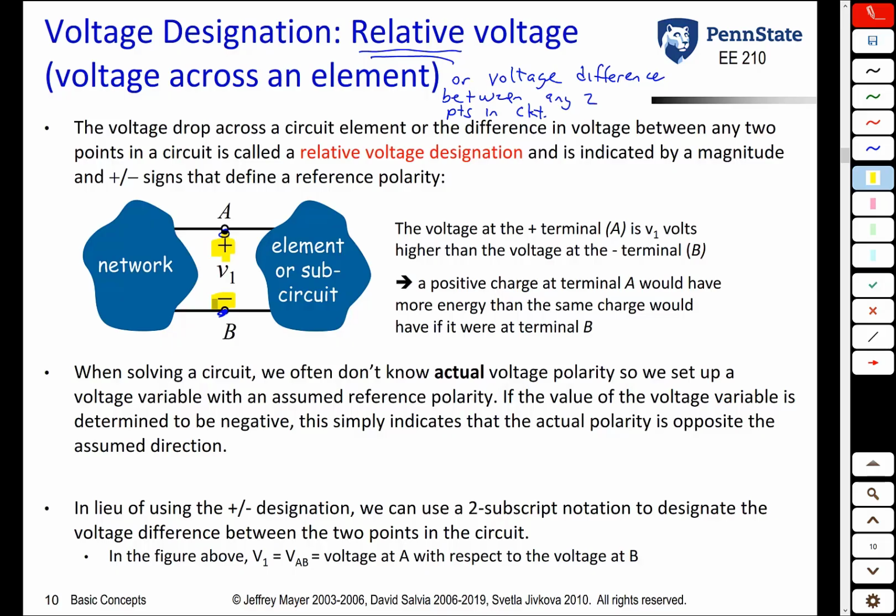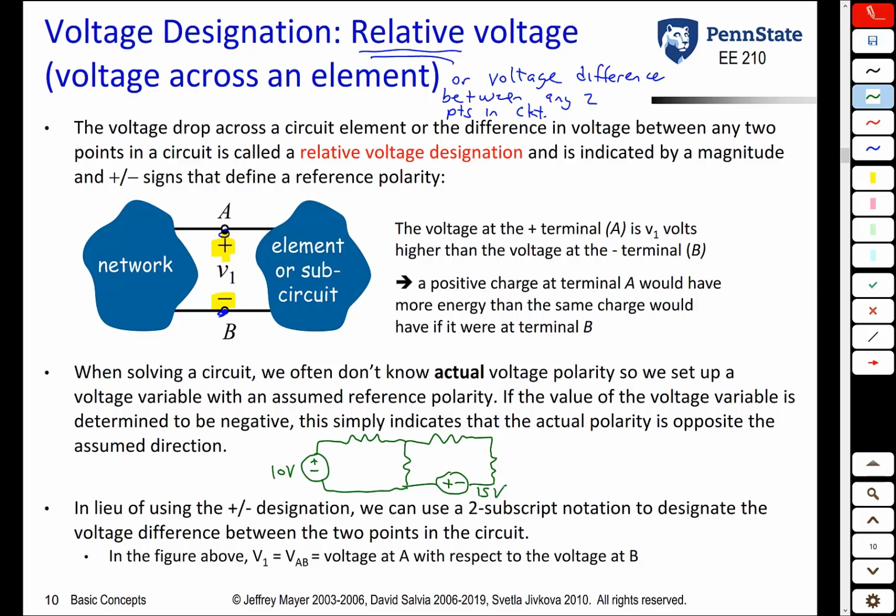Just like with current, however, you don't necessarily know ahead of time which points have a higher voltage. So once again, maybe you have a circuit like this with a couple resistors and a couple voltage sources, a 10 volt and a 15 volt source.